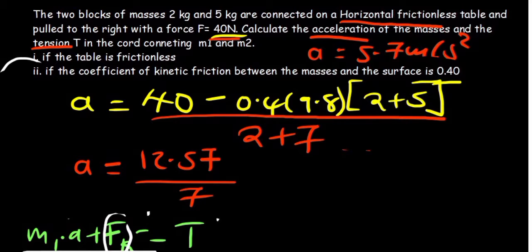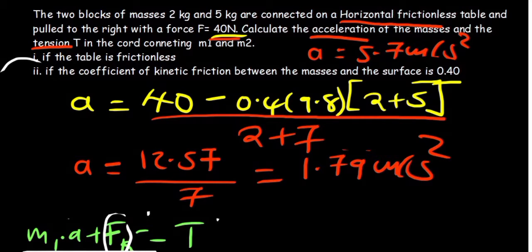Okay, I'll do that again. 40 minus 0.4 multiplied by 9.8 multiplied by 7, 12.5. Okay, the same figure, then divided by 7. So our acceleration is 1.79 meters per second squared.